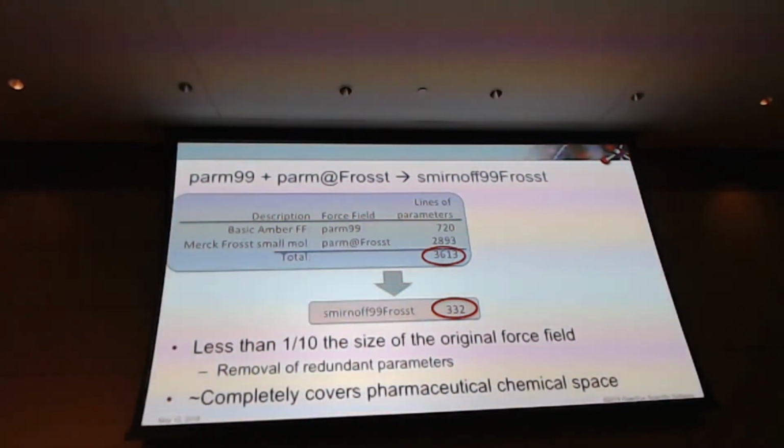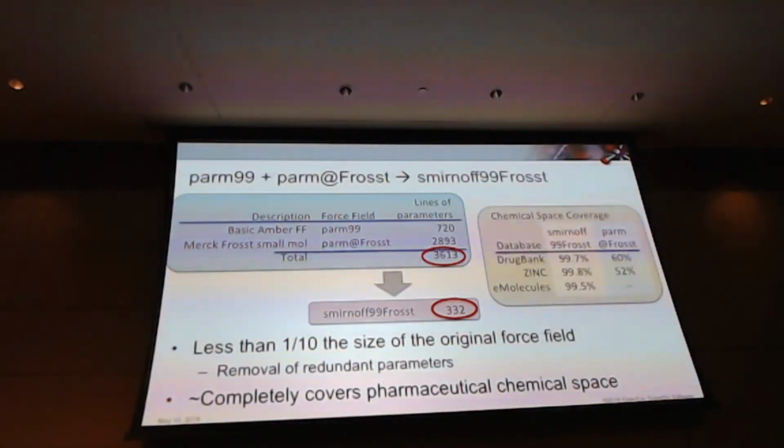What do I mean by a small molecule force field? Well, essentially, the chemical coverage we can get as we try and evaluate DrugBank and ZINC and eMolecules, we can get greater than 99.5% of those molecules parameterized. Now, I'm not sure how great the parameters are, but the point is within these 332 parameters, because we use this more compact data representation and we just skip atom types completely, we can get the whole thing covered with very few parameters.